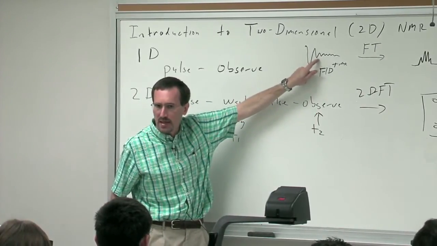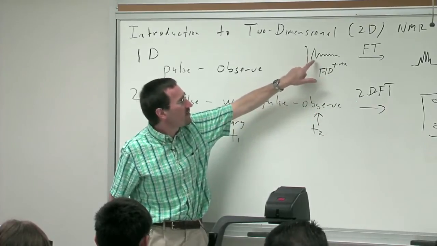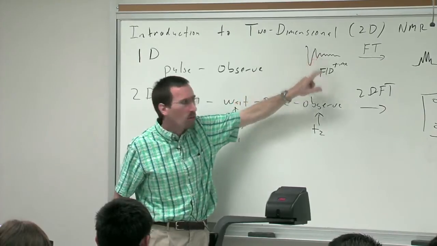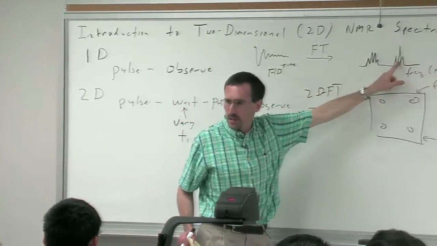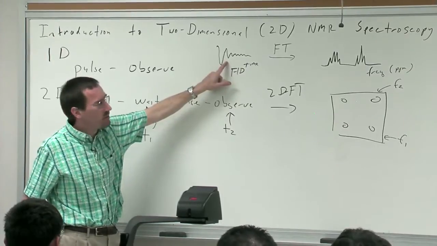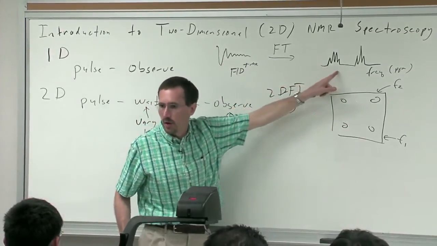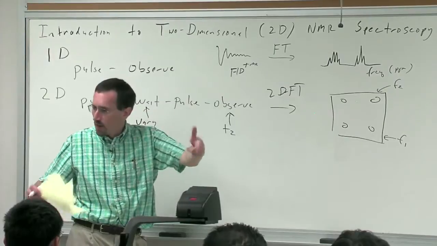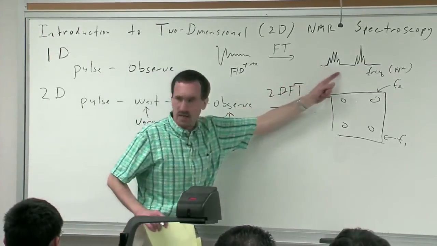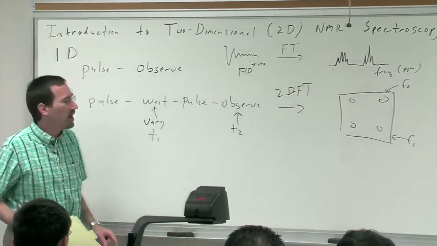So you understand that basic transform, that if the periodicity of this signal is 1 cycle per second, we get a line at 1 hertz. And if the periodicity of this line is 2 cycles per second, you get a line at 2 hertz. And if it's a composite of 1 cycle per second and 2 cycles per second and others, you get a spectrum consisting of many lines.